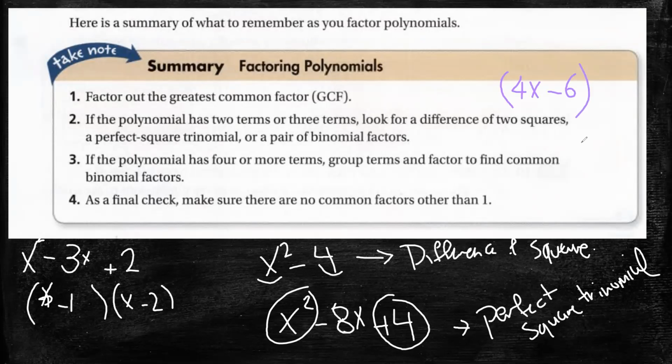Why? Because there is something in common between them, which is the number 2. Make sure that there are no common factors other than 1. If you look at 2x minus 3, you will find that there's no common factor other than 1. So you will stop at 2 times 2x minus 3.